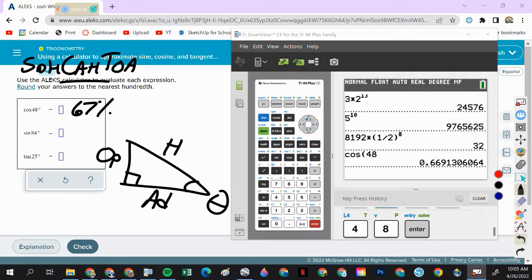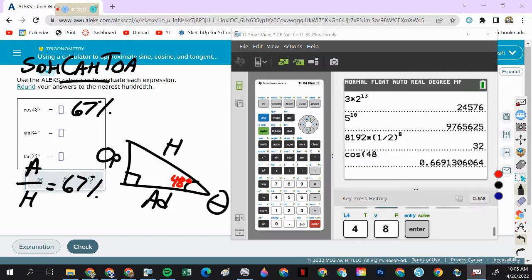So if this angle is 48 degrees, then we know that A divided by H is 67%. So that is telling us whenever our angle is 48 degrees, the adjacent side will be 67% as long as the hypotenuse.